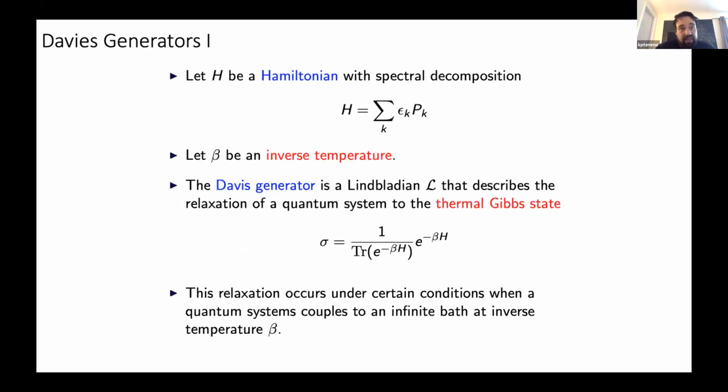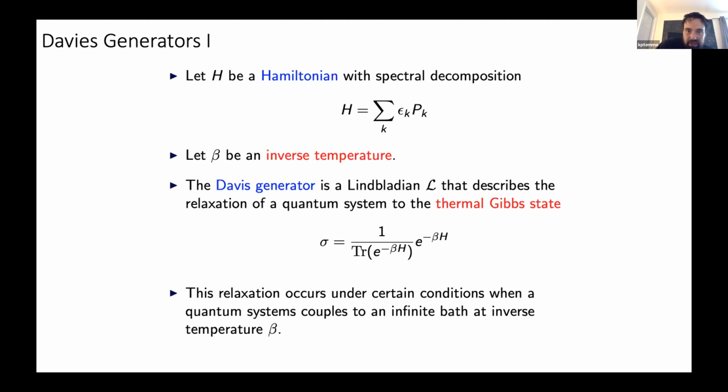So in that case, what's your Davies generator? Suppose someone comes along and gives you a Hamiltonian with a spectral decomposition and inverse temperature. We assume we can simulate the time evolution of that Hamiltonian to do the phase estimation that we will need. Then your goal is to come up with a Lindbladian, the Davies generator, that describes relaxation to that thermal Gibbs state.